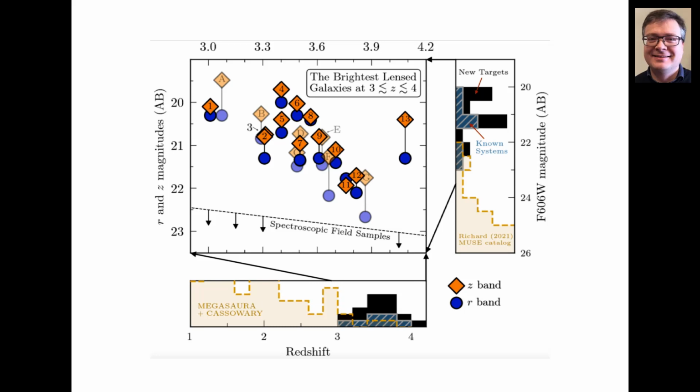And if the galaxies are not lensed, they're fainter than this line here, basically. And if you look at a selection of the brightest galaxies, which was studied from Sloan, basically, that's Megasaura and Cassowary. That's 2 samples selected from Sloan. You hardly have any above redshift 3, 4.